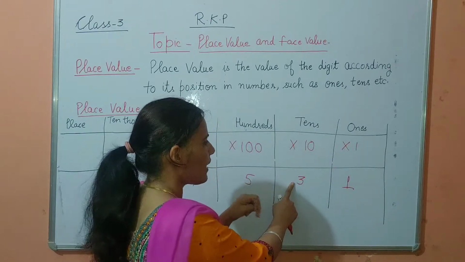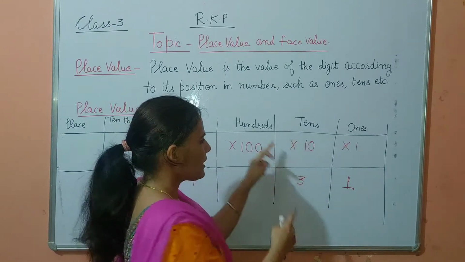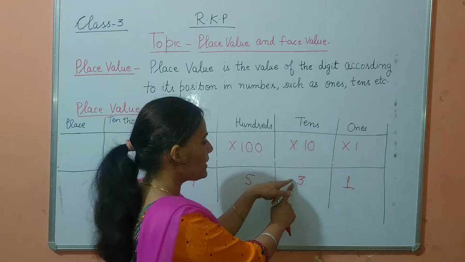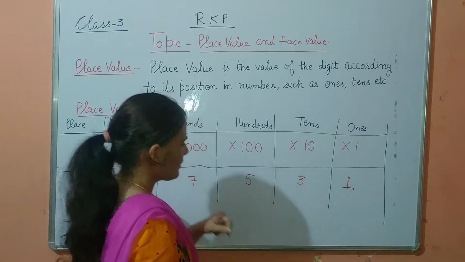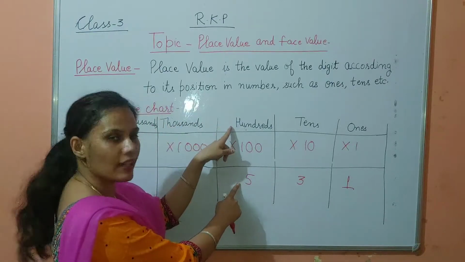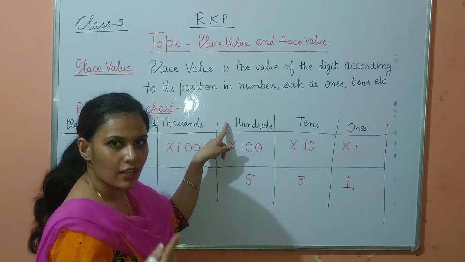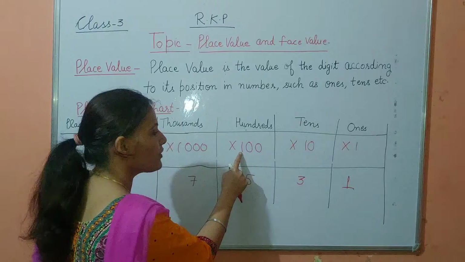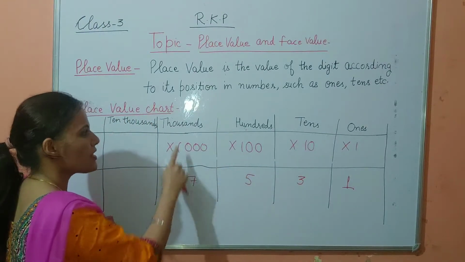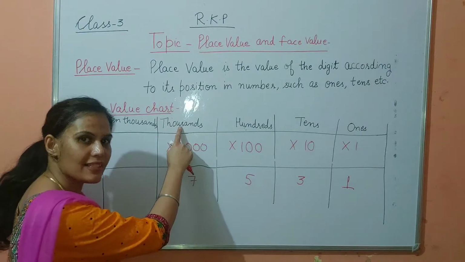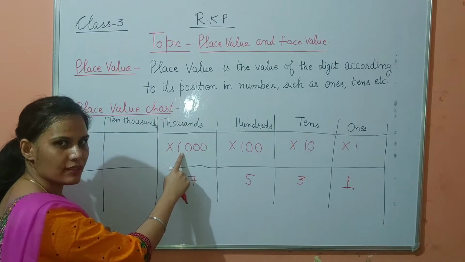Again, when I say 3 tens, either you say 3 tens or you multiply this digit with 10, then you can say 30. Same, if I say 5 hundred, either say 500 or you can multiply 5 into 100, 500. Same, if I say 7 thousand, either say 7 thousand or multiply 7 into 1000, right?